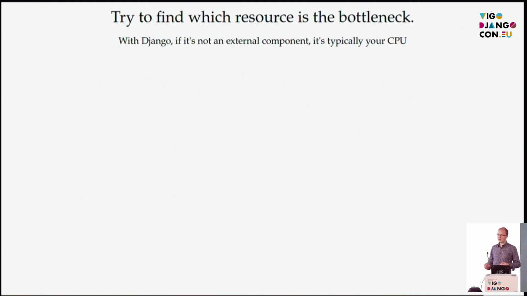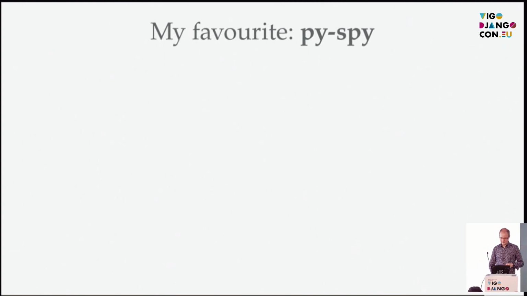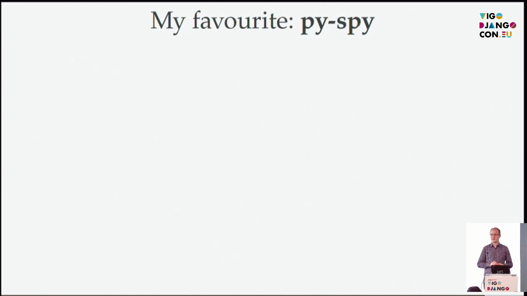And we've been talking about profilers today as well already. My favorite one for a number of years is PySpy. PySpy, unlike cProfile, which runs in the Python process and runs the process in a different way, is a sampling profiler that attaches to a running process. You can do that in your development environment, but you can also attach to a running production process without needing to start the process.